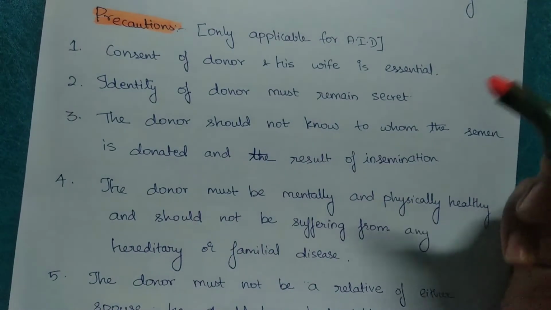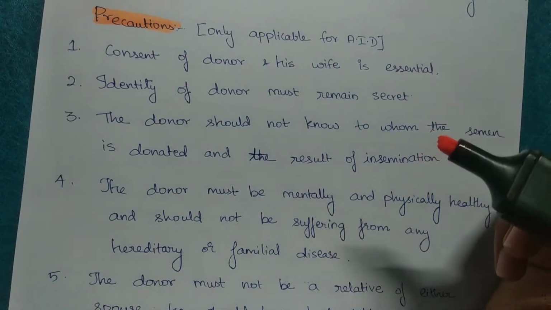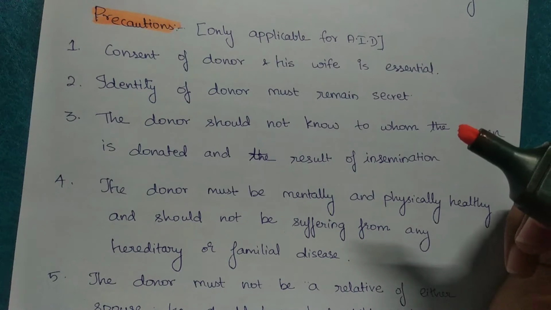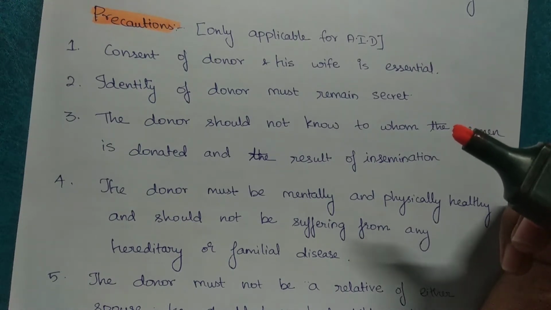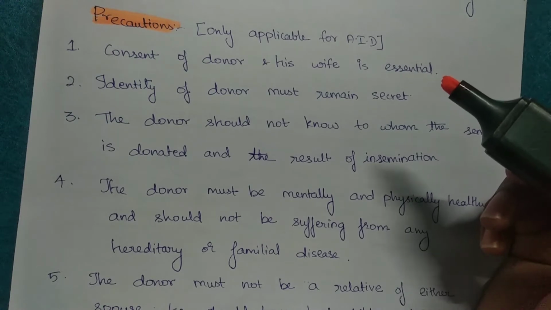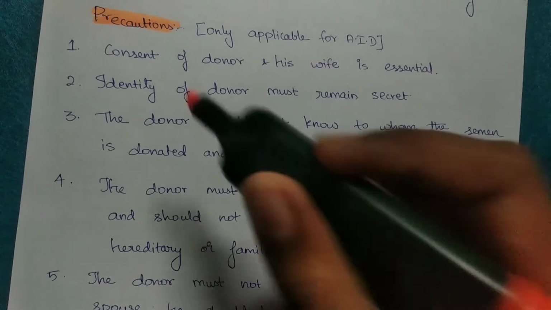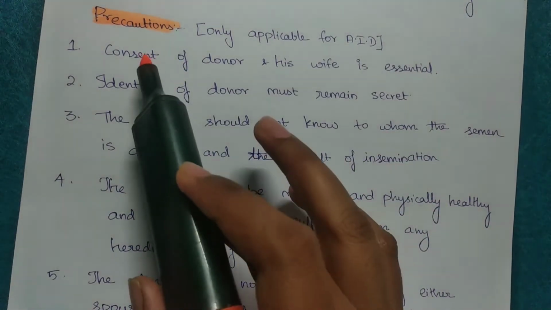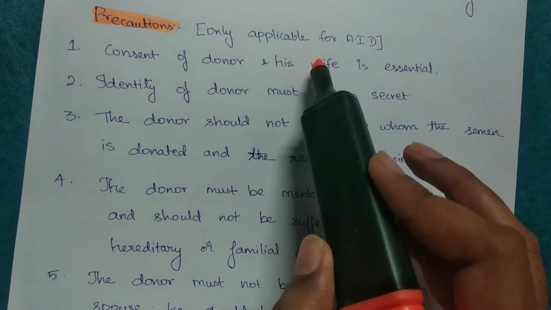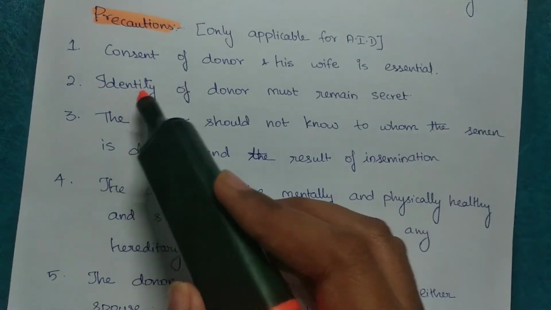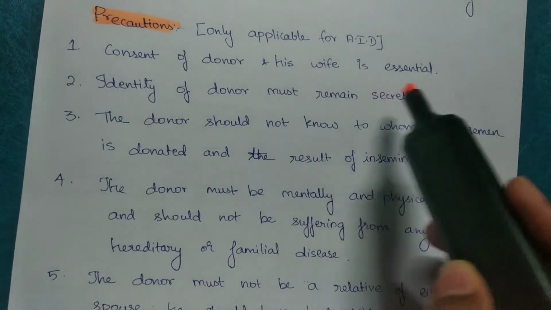Coming to the precautions. There are no precautions in case of artificial insemination homologous. These precautions are applicable only for artificial insemination donor. The first precaution is that consent of the donor and his wife is essential, and the identity of the donor must remain secret.